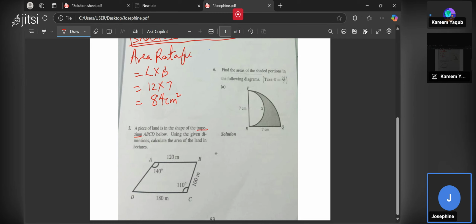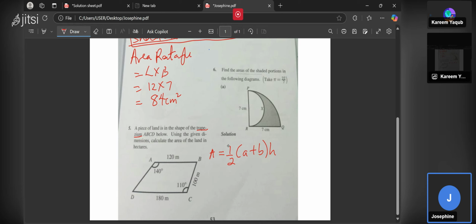Can you give me the area of trapezium? What's the formula? Okay, the formula is simple. That is half over (A plus B) times H. Sometimes they will put the H on top of the 2 instead of having them separately.